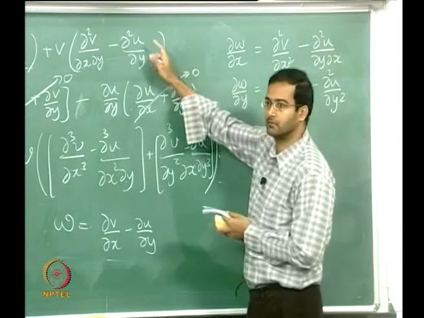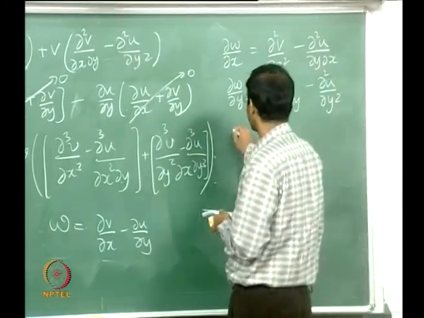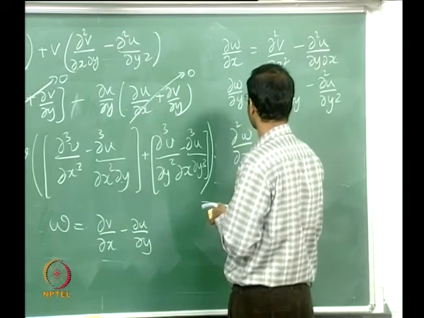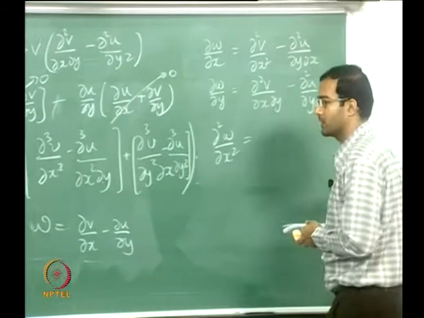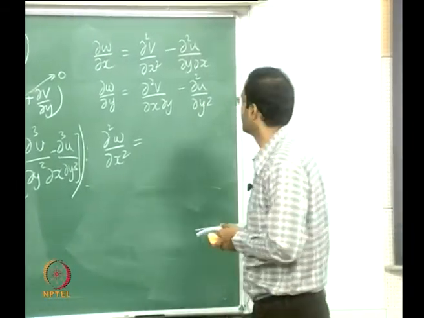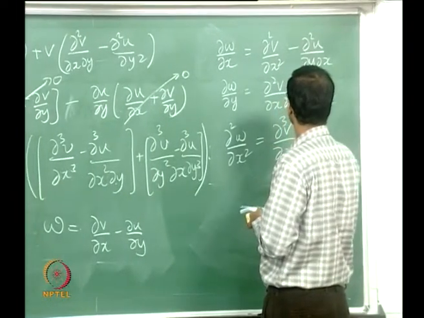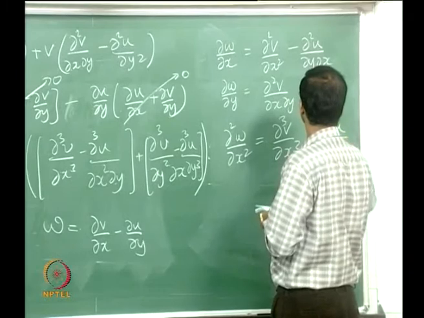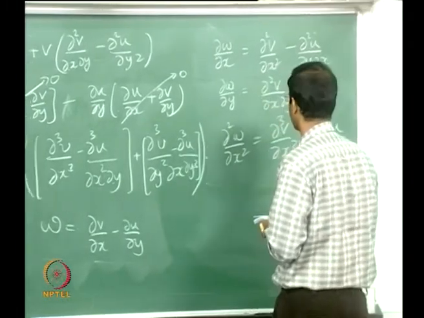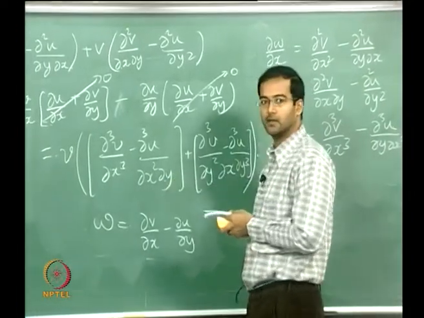That is this term right here. Now if you take second derivative, d square omega by dx square, can you tell me what the second derivative will be? So this is this term right here.